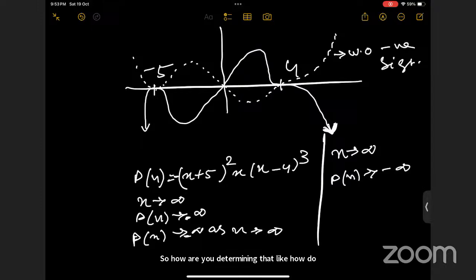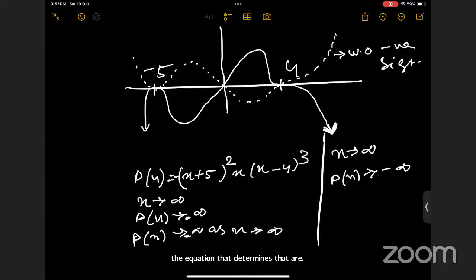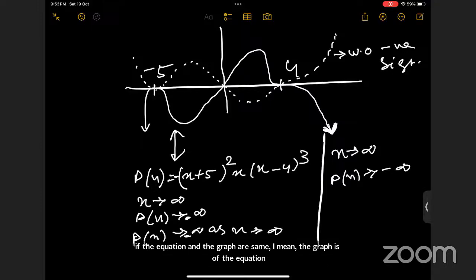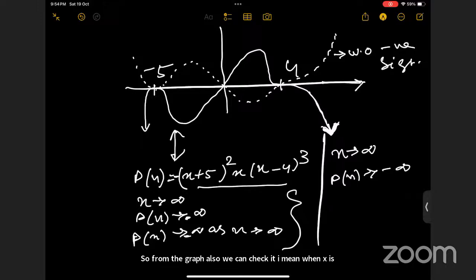Is it the equation that determines it? If the graph is of the equation, the end behavior should be the same, right? So from this we can find the end behavior. From the graph also we can check it: when x is going towards infinity, the polynomial is going towards minus infinity because it is on the negative side, right?